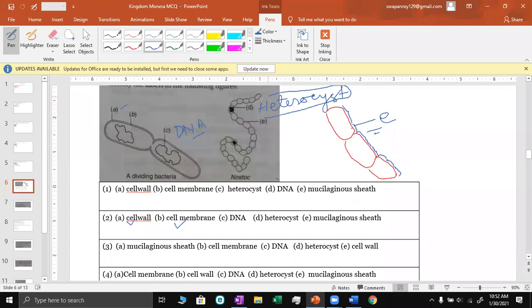The diagram is not very good, but it has a dark structure and is thick walled, different from the normal cells. It is a nitrogen-fixing cell, and the outer layer is the mucilaginous sheath. This question can also be asked with only one figure instead of two.